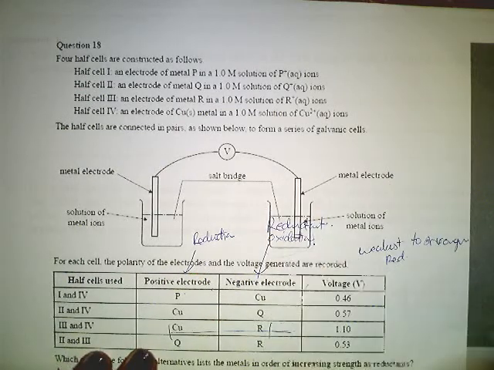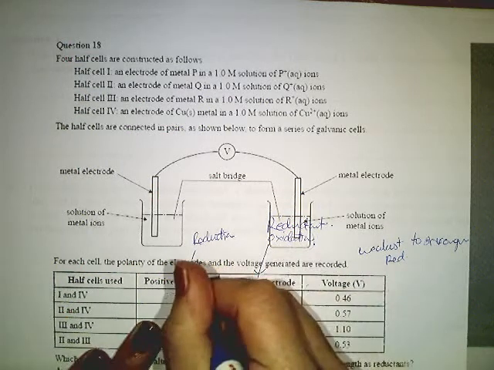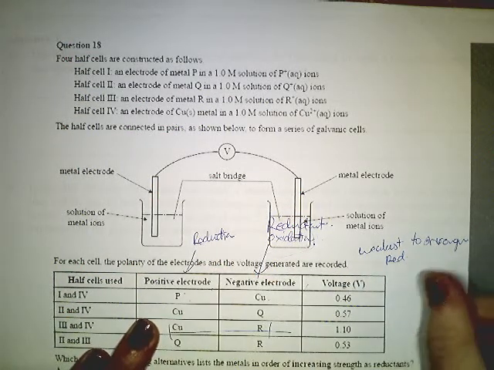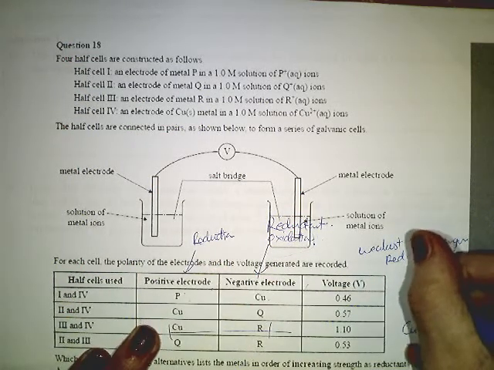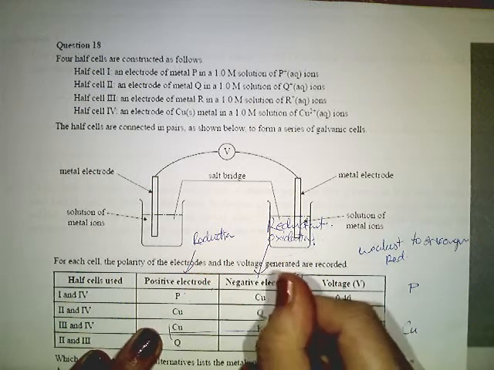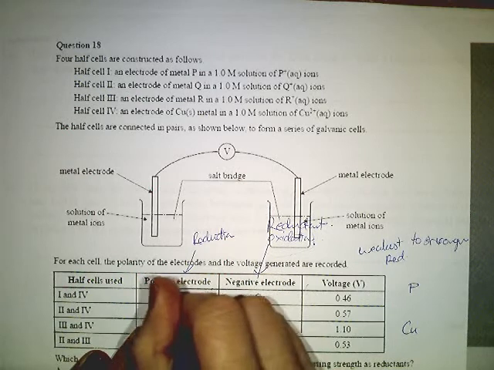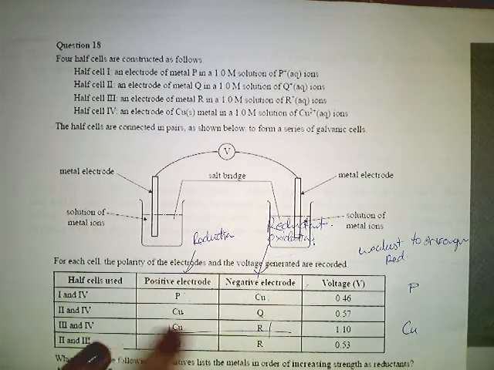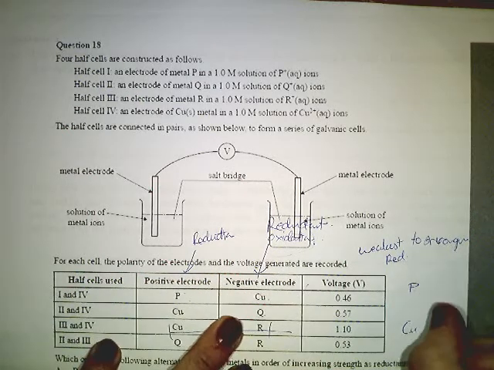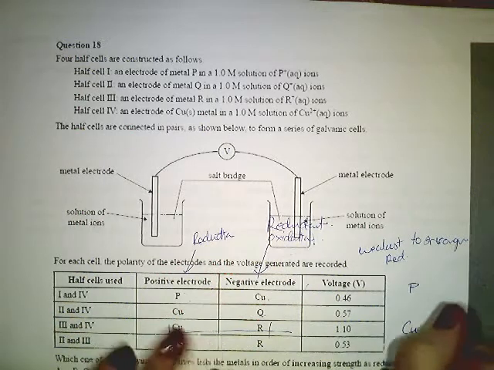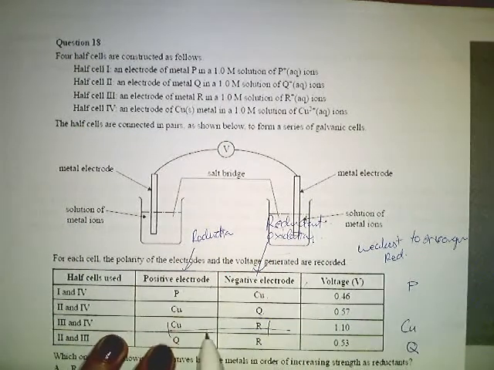So if you want to compare them, copper is a stronger reductant than P, so copper would be further down than P. Q versus copper, Q is further down, and R versus copper, R is further down, but we don't know where yet.